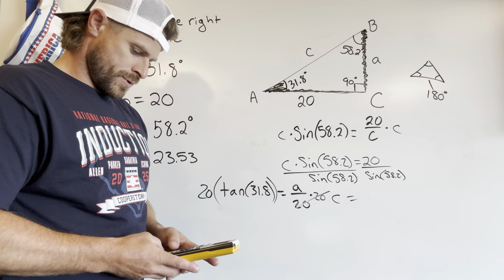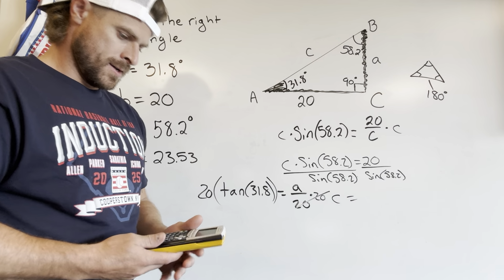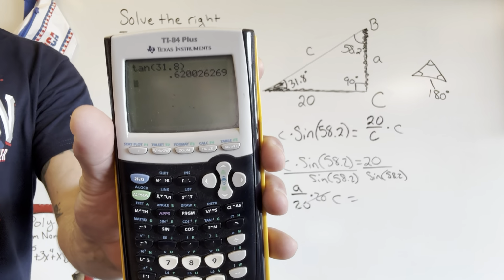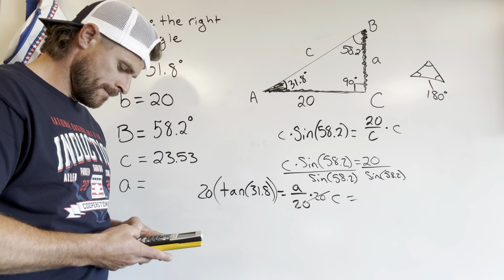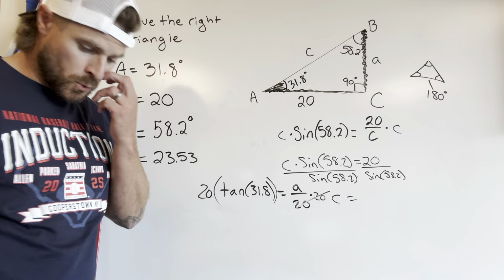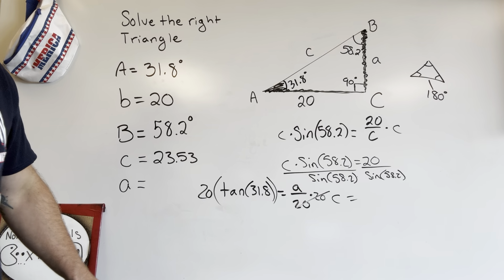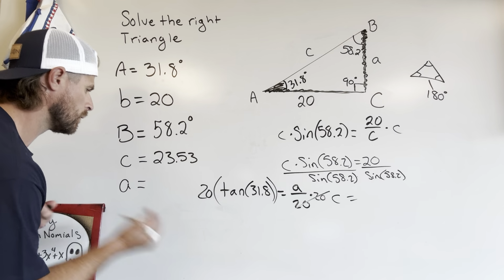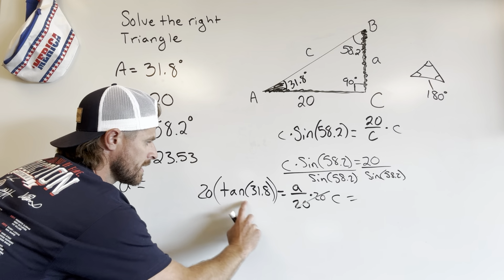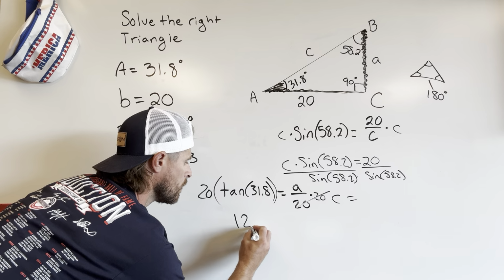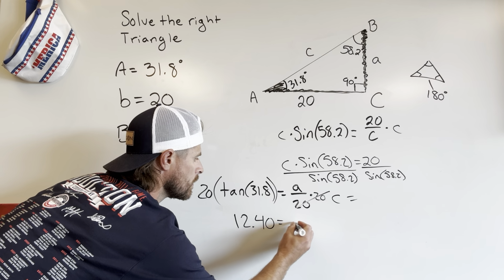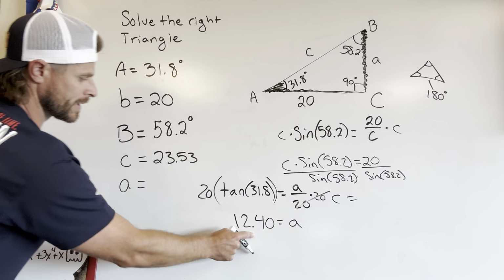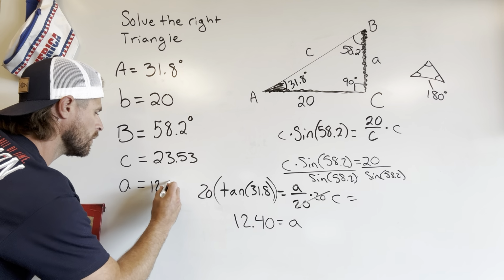Tan 31.8, 0.62, multiply that by 20. And I got 12.40. So I'm going to go with 12.4. So this times this came out to 12.40 for A. Now we know our lowercase a is a distance of 12.4.